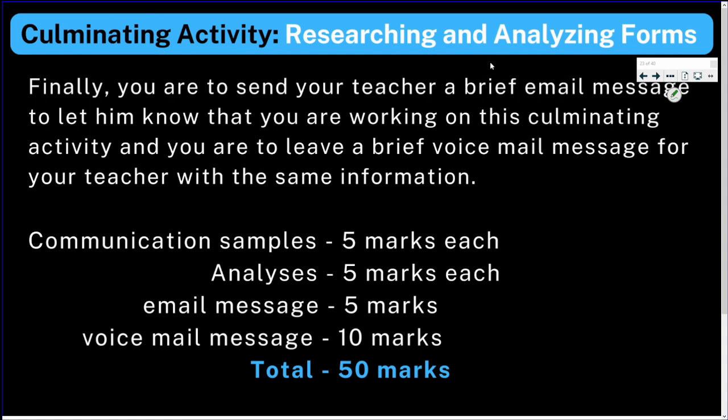You will send me an email telling me that you're working on the assignment, maybe a bit about what you've got in mind, some of the sources you've found, and then you'll leave me a voicemail message on my work extension, for a grand total of 50 marks.